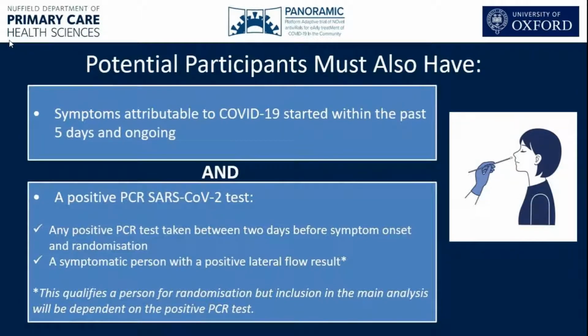Potential participants must also have symptoms attributable to COVID-19, which started within the past 5 days and are still ongoing, as well as a positive PCR test taken between 2 days before symptom onset and randomisation. Patients with symptoms and a positive lateral flow test may also be eligible. However, inclusion in the main analysis will be dependent on a positive PCR test.